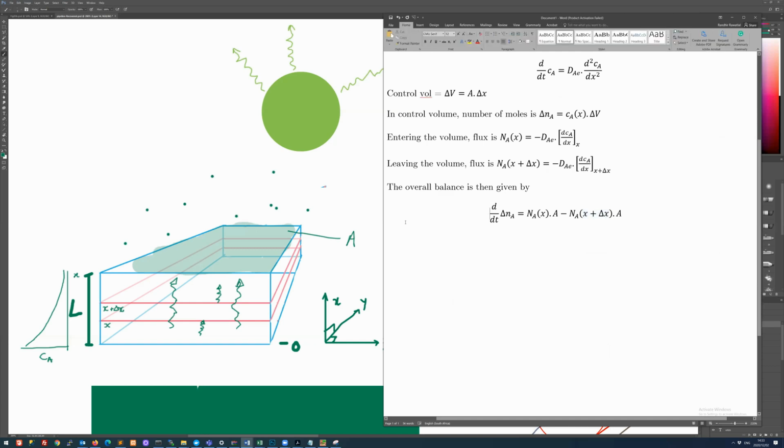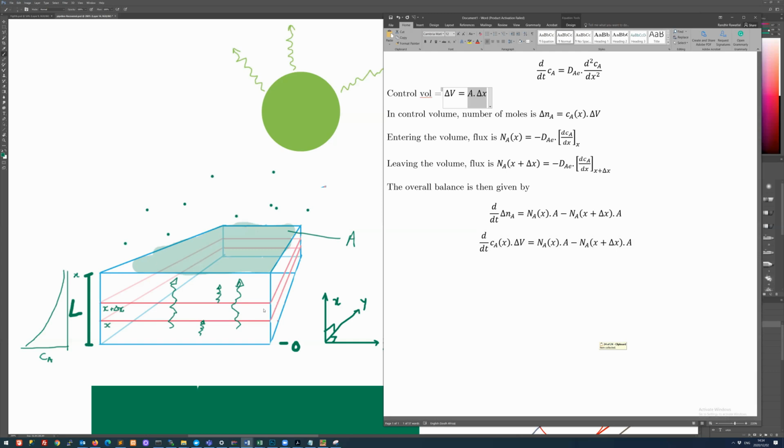So let's write the specific form of this by substituting what we just wrote above. For delta nA, we've got CA at X times delta V. Right, so this delta V, of course, is not changing with time.